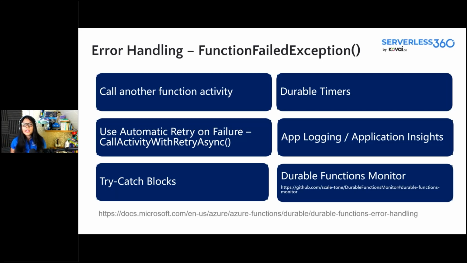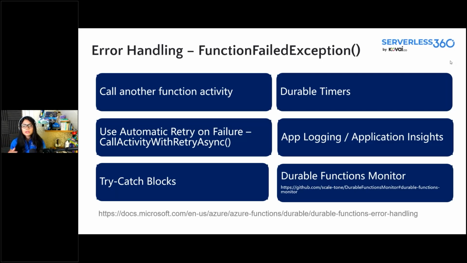And if you want to take control of failure, there's a method for auto retry, and in .NET it's called CallActivityWithRetryAsync, which basically gives you the option through the context to pass in your retry configuration, and so you can handle what happens if this fails.